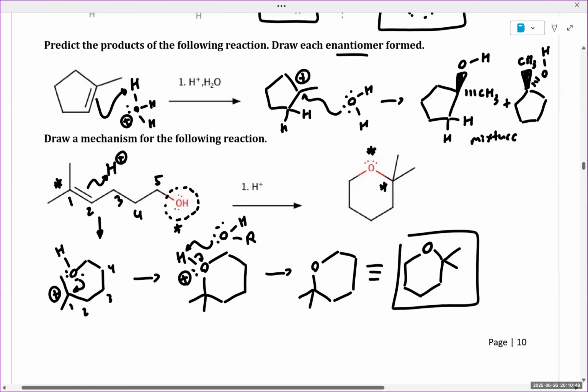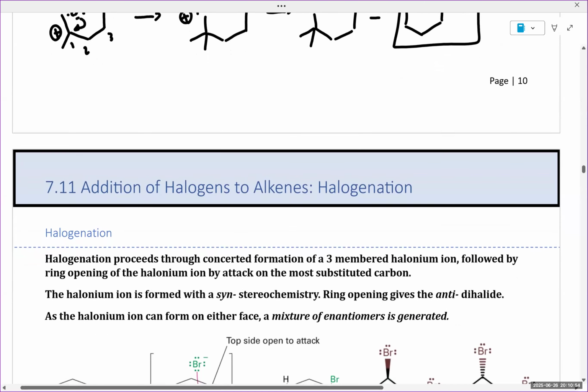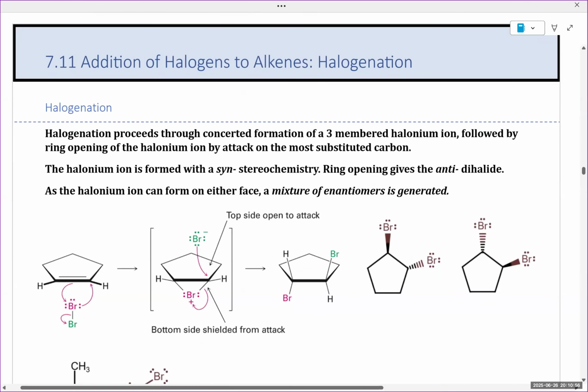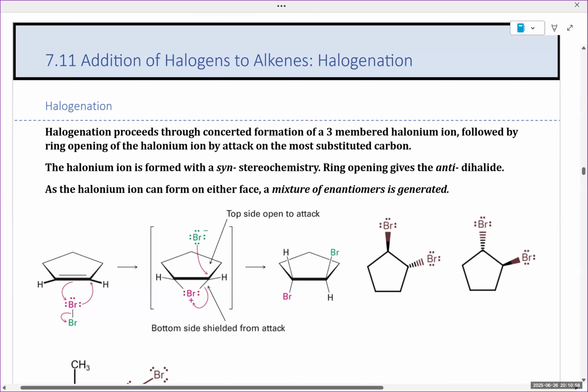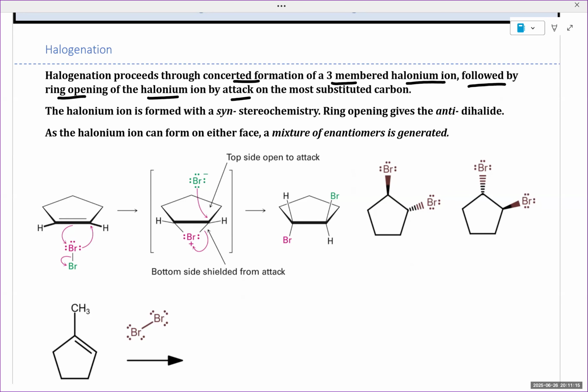Okay, so we talked about alkene hydration under acidic conditions. Let's now move on to another class of reaction, which is the addition of halogens to alkenes via halogenation. So halogenation proceeds through concerted formation of a three-membered halonium ion, followed by ring opening of the halonium ion by attack on the most substituted carbon.